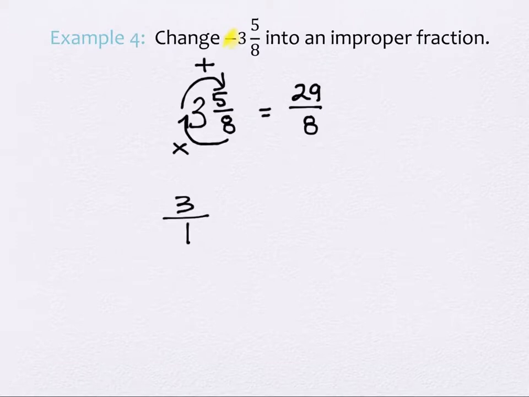What you really have here is the number 3 over 1 and the number 5 over 8. And that's why when we say it, we say the word and. This is 3 and 5/8. So what we're doing is we're actually multiplying this numerator and the denominator by 8 so that they have a common denominator.